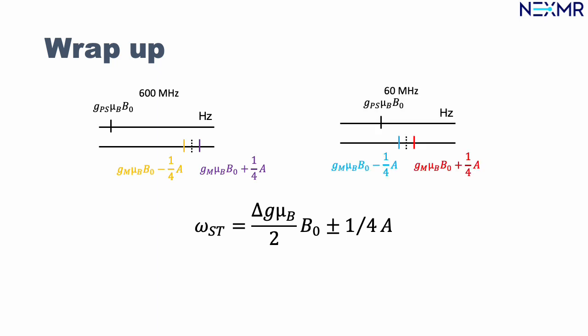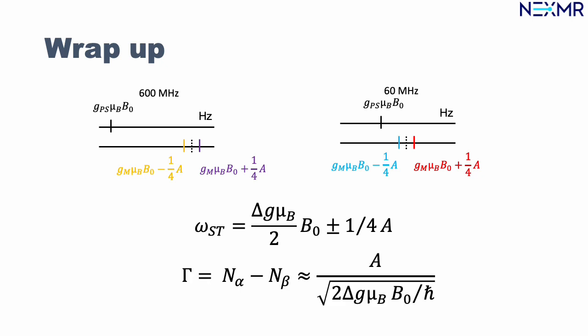The relative weight of the hyperfine coupling will be increased when you have a smaller magnetic field because the Zeeman interaction is much weaker, but the hyperfine coupling is not dependent on the magnetic field.